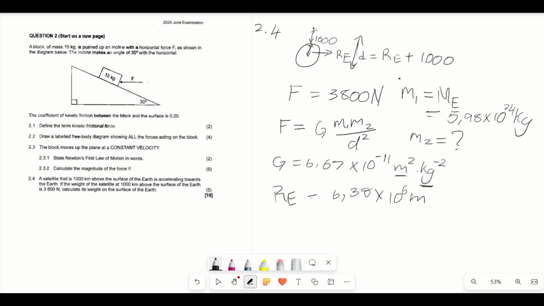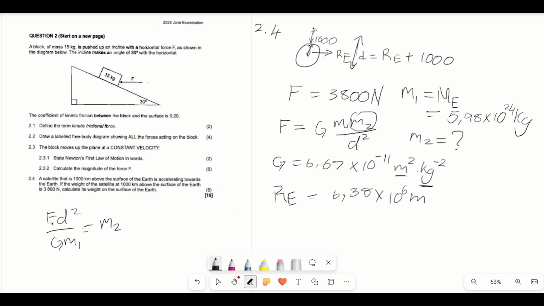All right, to make things simpler, we can make M2 the subject of the formula. We'll do that by dividing both sides by G and multiplying both sides by D squared, or also dividing by M1. So if we do that, we'll have F times D squared over G M1, and that should equal M2.